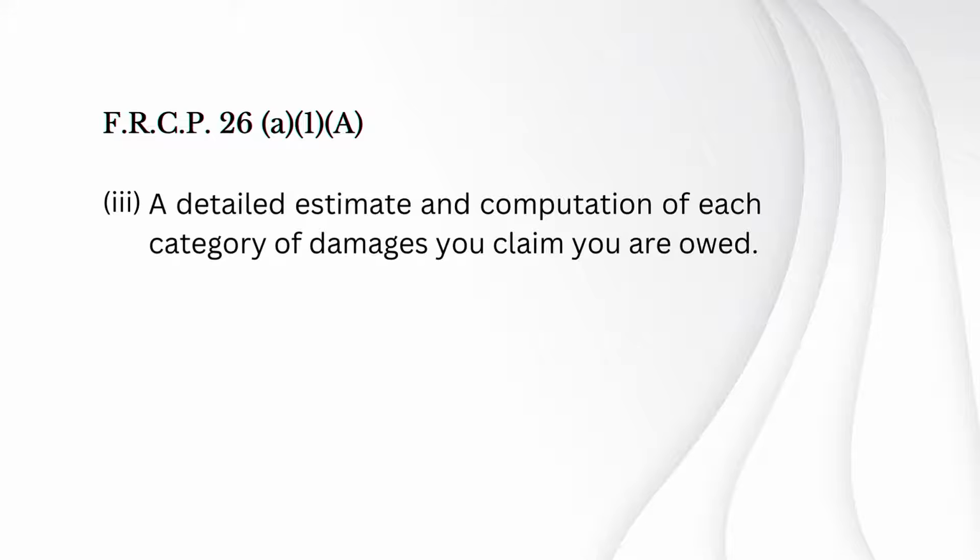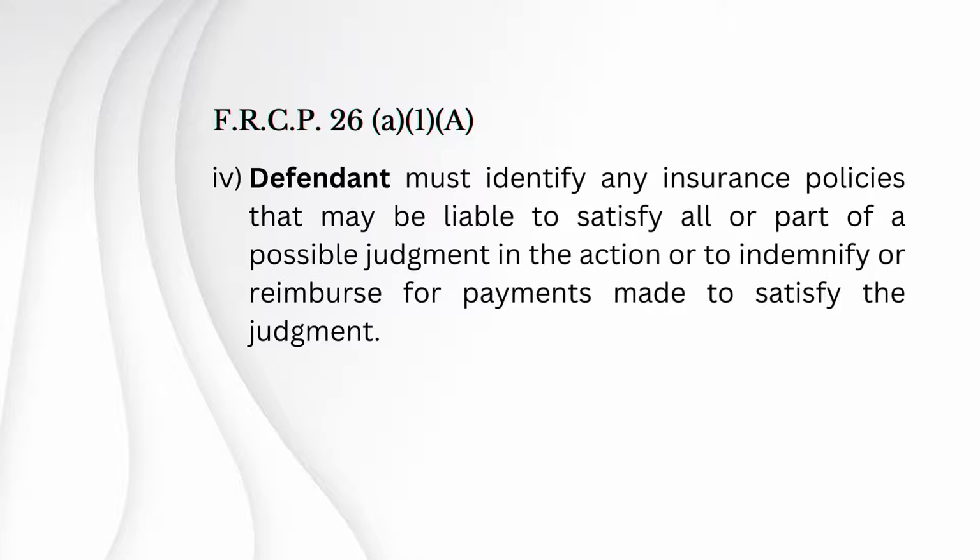Some time ago, I uploaded a video on computation of damages, and I will put that link up for you to review. Now, here is something that the defendant must disclose that the plaintiff does not have to disclose, basically because the plaintiff would not have an insurance policy. Defendant must identify any insurance policy that may be liable to satisfy all or part of a possible judgment in the action or to indemnify or reimburse for payments made to satisfy the judgment.